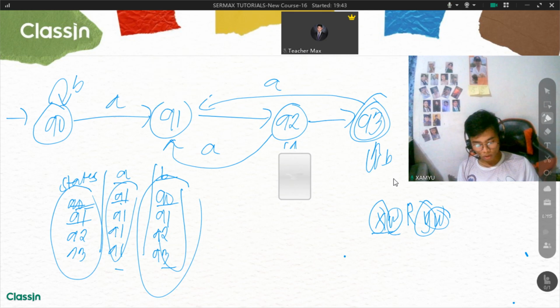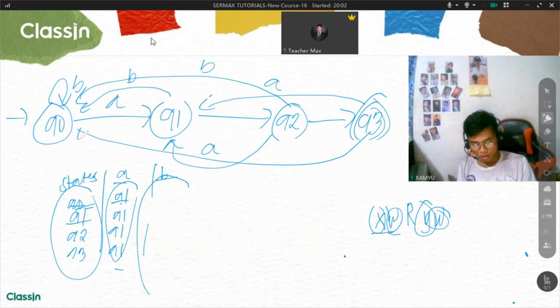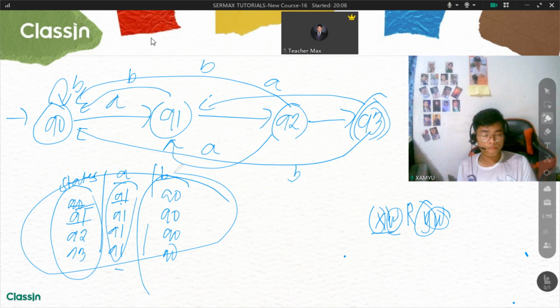Let's try to change the path for the equivalence. So for Q1, it must go to Q0. And Q2, Q0, and Q3, on B. So therefore, right now, we can assess that this definitely follows the right invariance relation rule.